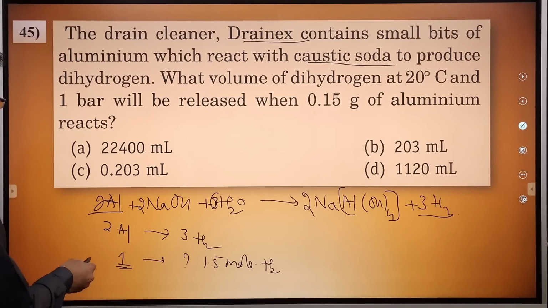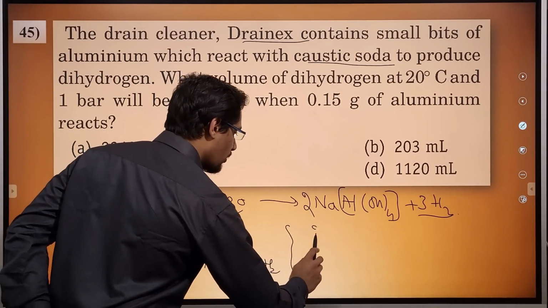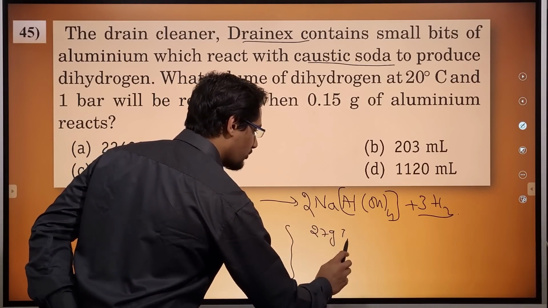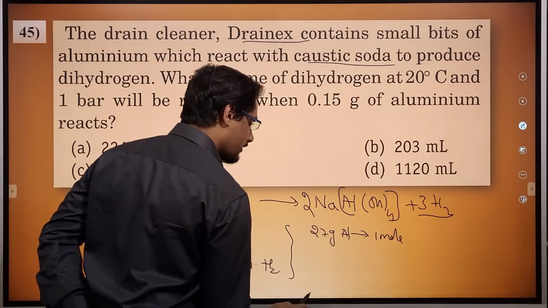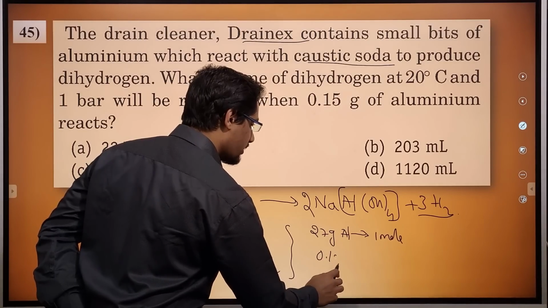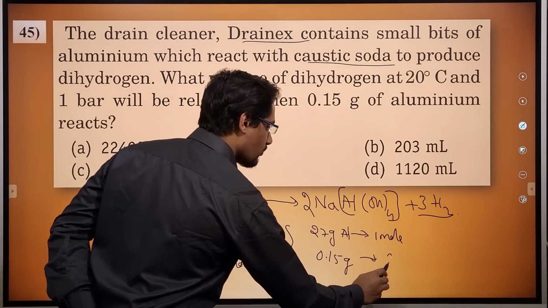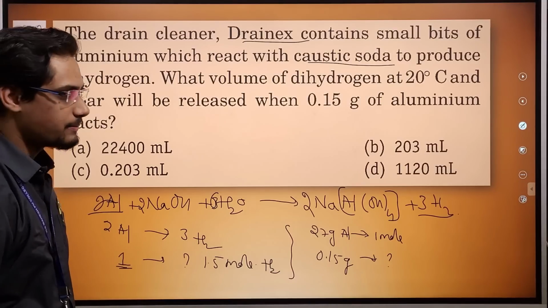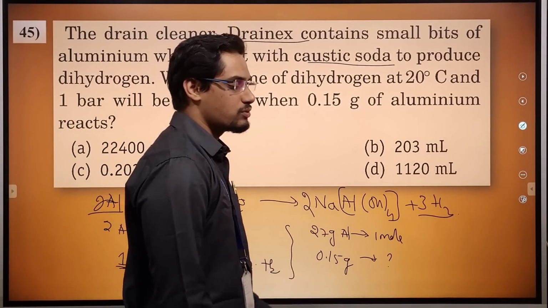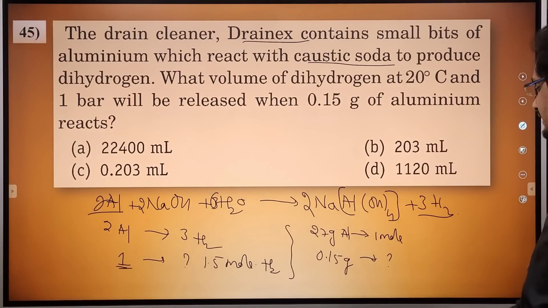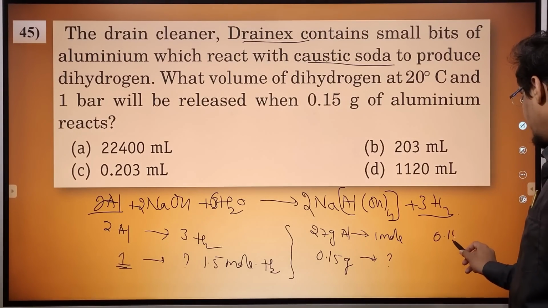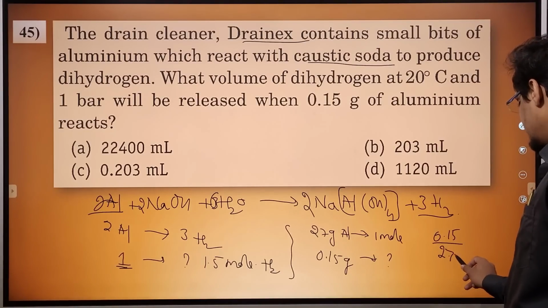Right? So in order to calculate the number of moles of aluminium, I know 27 grams of aluminium stands for 1 mole. What will it be for 0.15 gram? Or even I can use the simplest formula, number of moles is equal to weight by molecular weight. It will be 0.15 by 27.